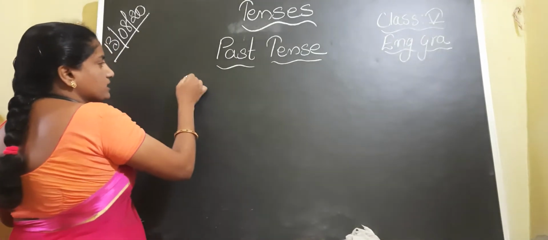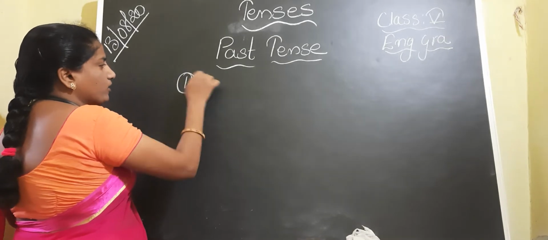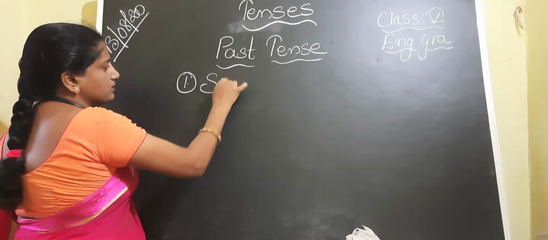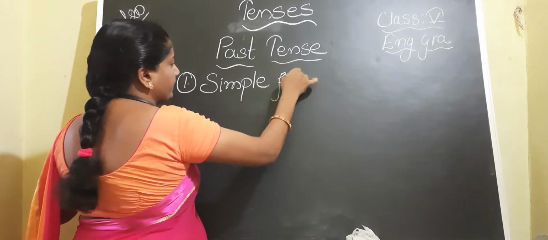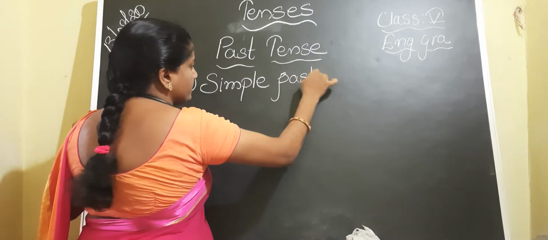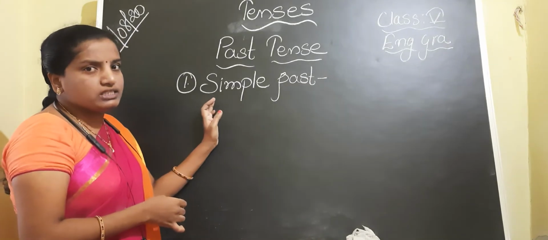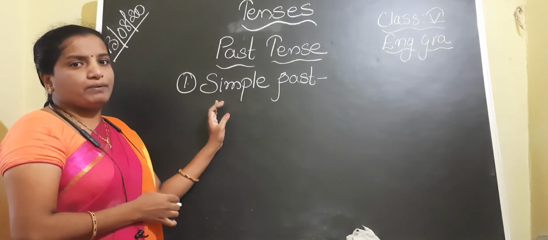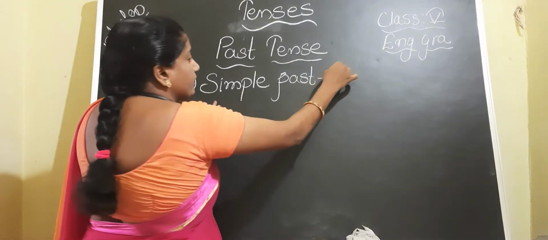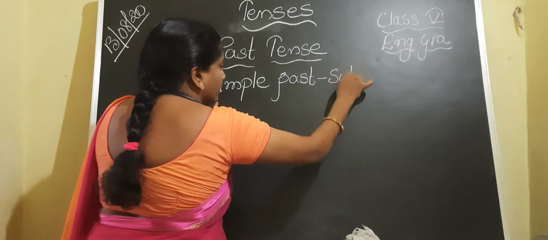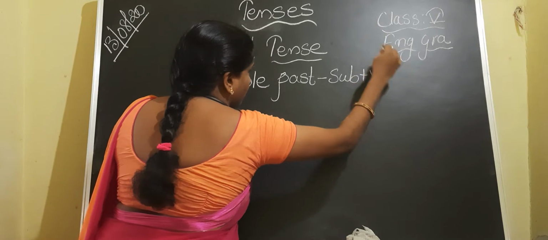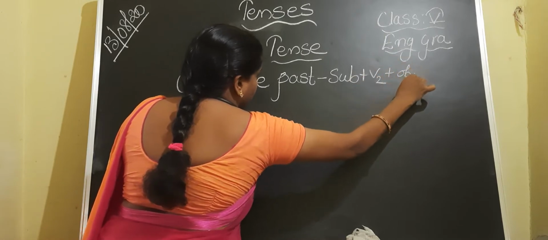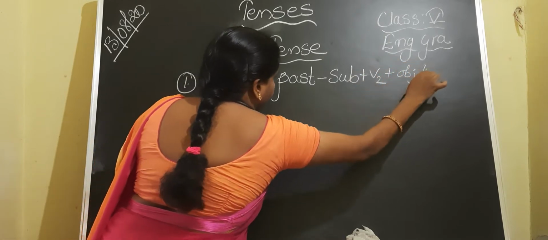In the past tense, the first category was simple past, for the recently completed action. For the recently completed actions, we will use simple past tense. And for the structure, children, along with the subject, we are adding V2 form of the verb. V2 form of the verb.